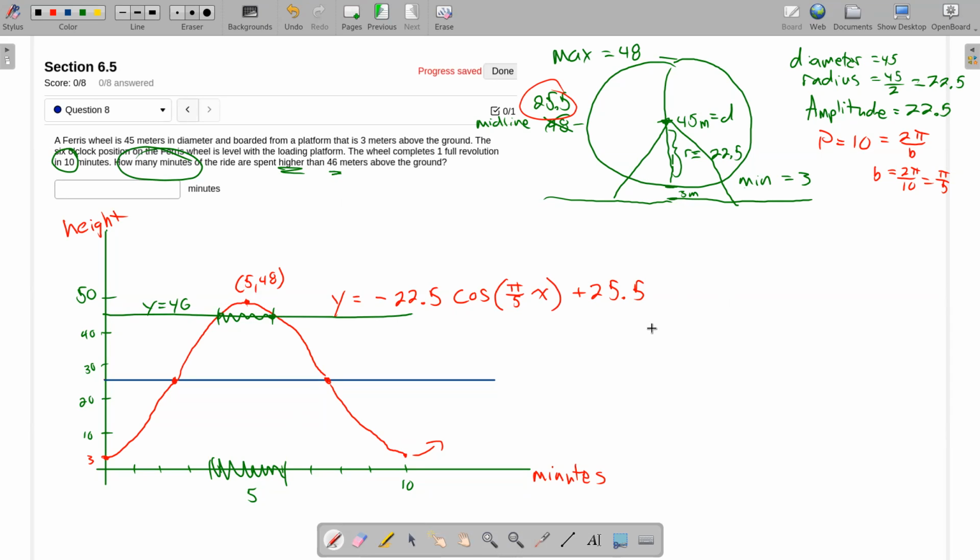A couple ways to do it. One is just go to the graph and do it on the calculator, or what we'll do is a little algebra, which is what I'm hoping you'll try. So I want to just set this height equation equal to 46 and see what I get. So to do that, I'm going to have to subtract the 25.5 first.